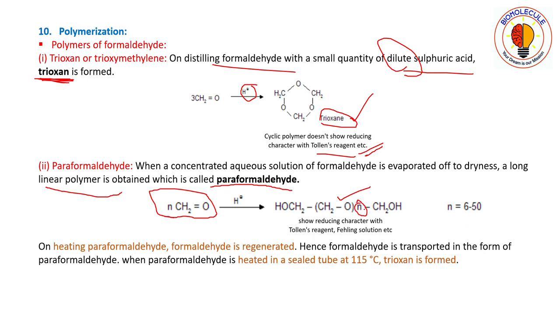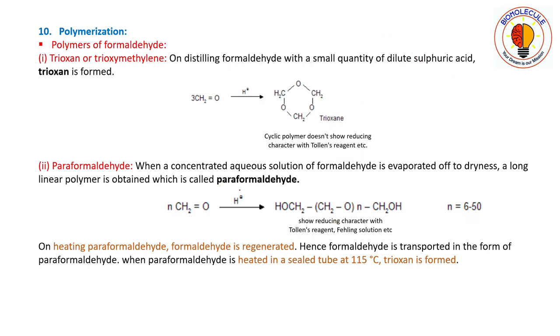The chain length may vary from 6 to 50 carbon atoms. And one remarkable property of paraformaldehyde is that it shows reducing character with Tollens, Fehling, etc. So trioxane does not show any reducing character with Tollens reagent, but paraformaldehyde shows reducing character.